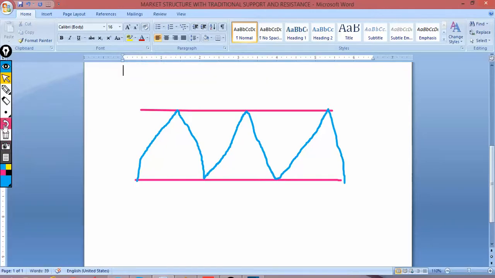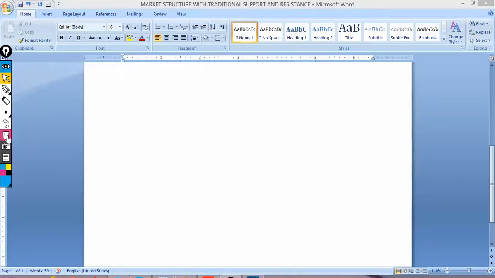Now let's go to another type of market. Let's look at an uptrend. So an uptrend, we have something like this. Then we started moving like this.